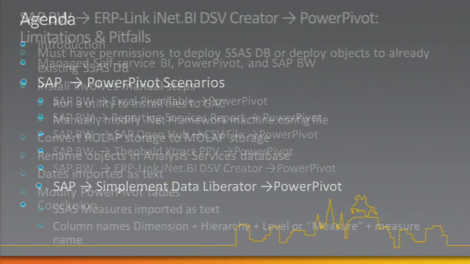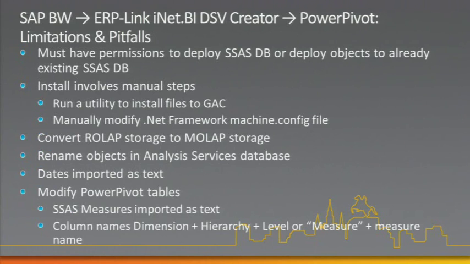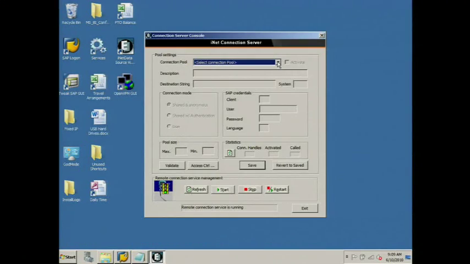Let's go ahead and walk through this really quick. The first thing I want to do is just show you the administration console. This is where you go in and configure connection pools.